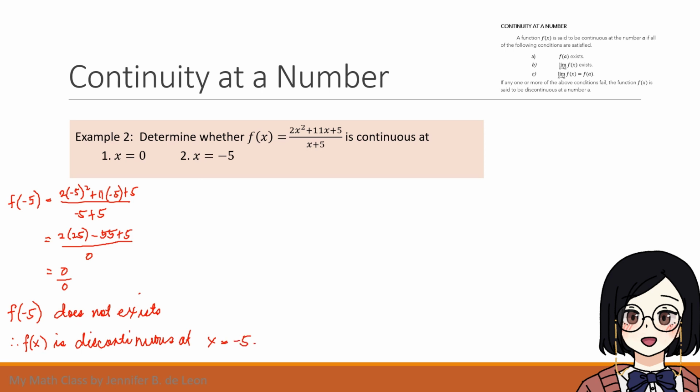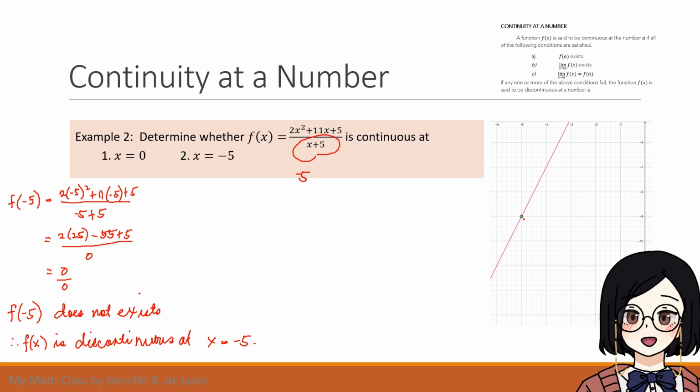So let's support our answer using a graph. Graphically, we can show (2x² + 11x + 5)/(x + 5) using this line. Now, since we cannot use -5 for x, this point will be represented using an unshaded dot or a hole.